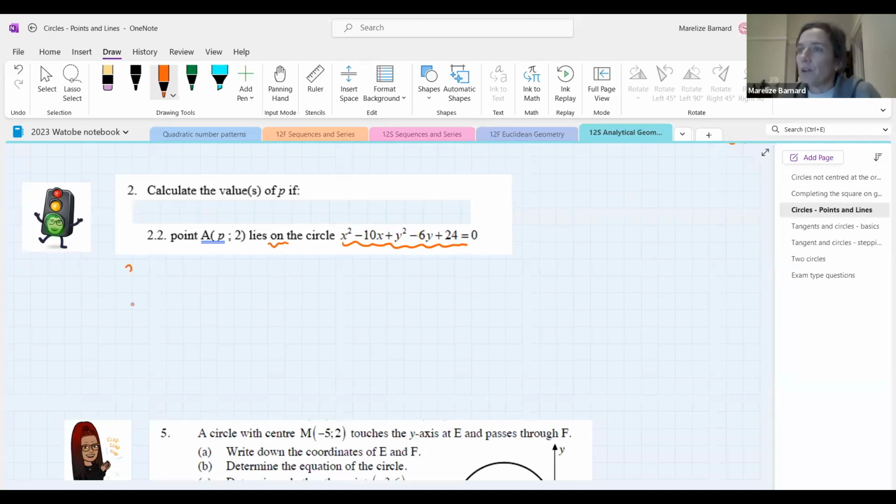Right, so we're going to go x squared minus 10. Let's see if we can speed it up a bit, guys. As soon as you're done with completing your square, what you can maybe do then is just write down what you get for the radius.